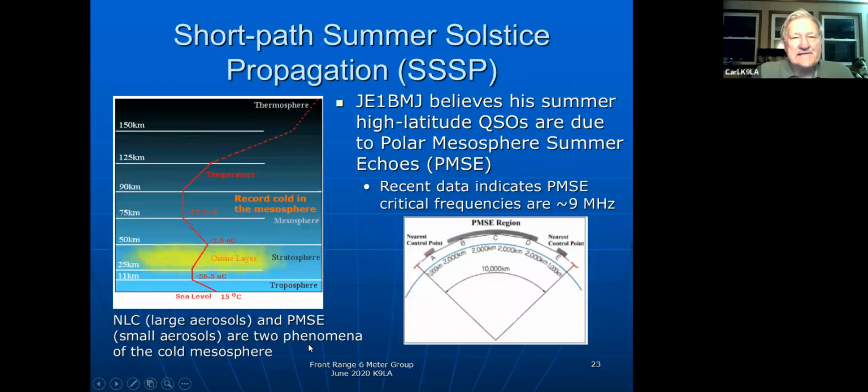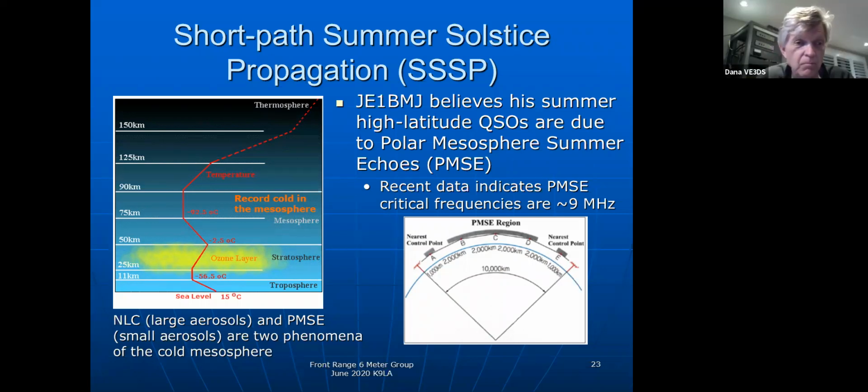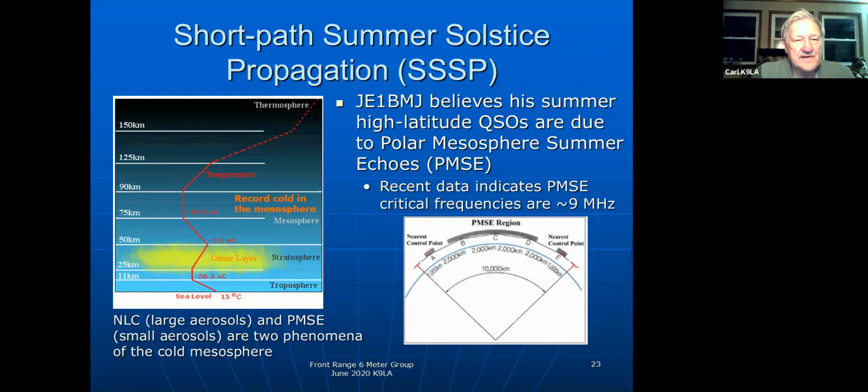And here's something interesting, short path summer solstice propagation, SSSP. JE1BMJ believes his summer high latitude QSOs are due to polar mesosphere summer echoes, PMSE. Now, what's a polar mesosphere summer echo? Well, there's a picture of the atmosphere on the left.